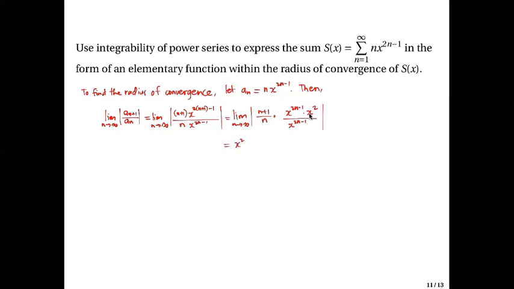So I can now remove the absolute value because x squared is always positive. Then you have the limit as n approaches plus infinity of n plus 1 over n, and the limit is just 1. So this is equal to x squared, and we want this to be less than 1. So we need x such that x squared is less than 1.